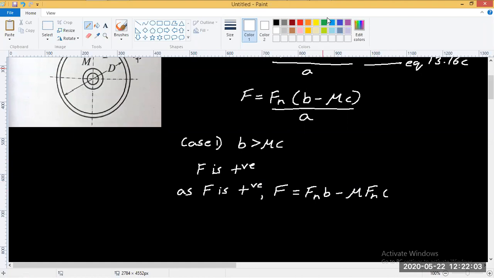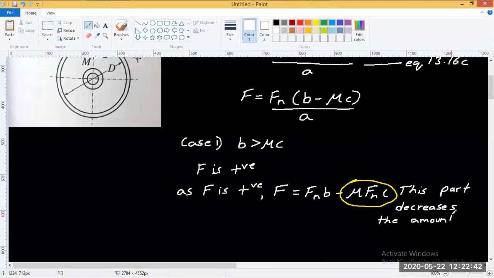So this portion here, the mu Fn c part, decreases the amount of force required to apply the brake.